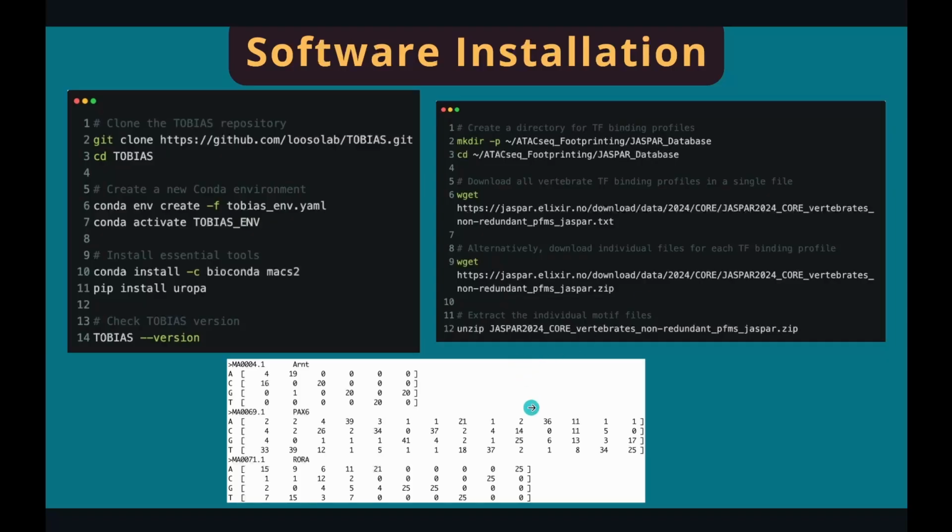The downloaded database is in this format. So this is the name of the transcription factor, and this is a matrix. It's called a position frequency matrix. The numbers represent the counts for each position, and this matrix represents the binding motifs.